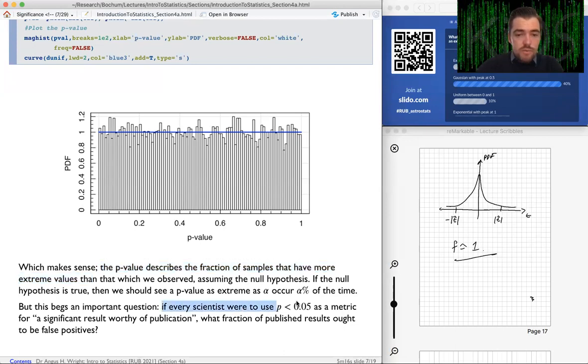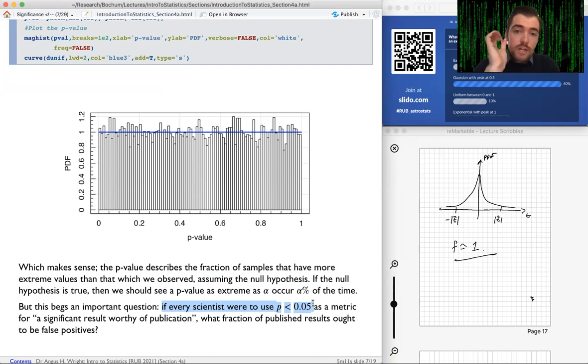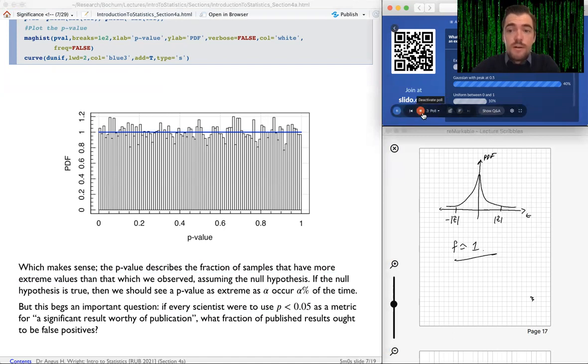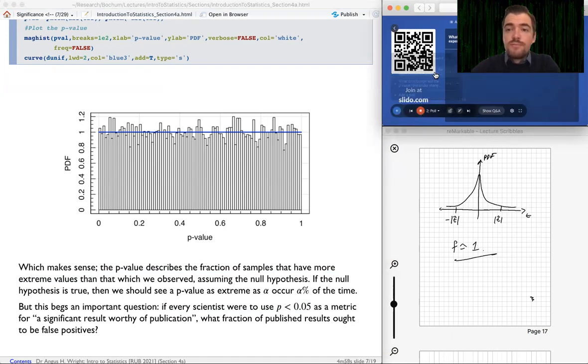If every scientist were to use p less than 0.05, what fraction of published science ought to be false positives? It's a relevant question, right? And it's one I'm going to ask you.